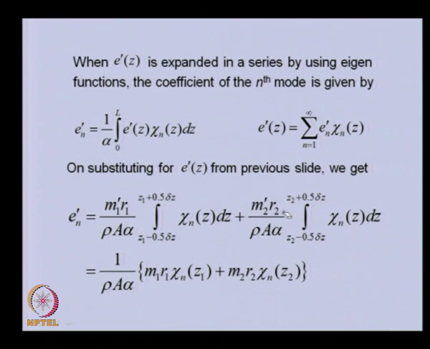So, now you can see that we can express this like this, because this particular integration is there at that very small location of the length of the shaft. In the next slide we will show how we can get this from this integral.